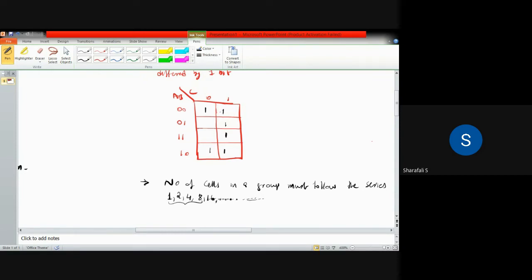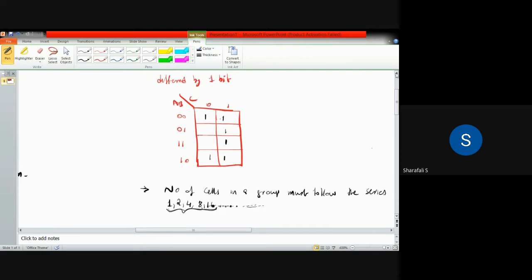If you have 4 variables, then the number of cells in a group can be up to 16, and then 8, 4, 2, 1. You cannot have any group larger than 16 when using 4 variables, and no sizes in between these numbers. The number of cells in a group must follow this series, 2 raised to n.